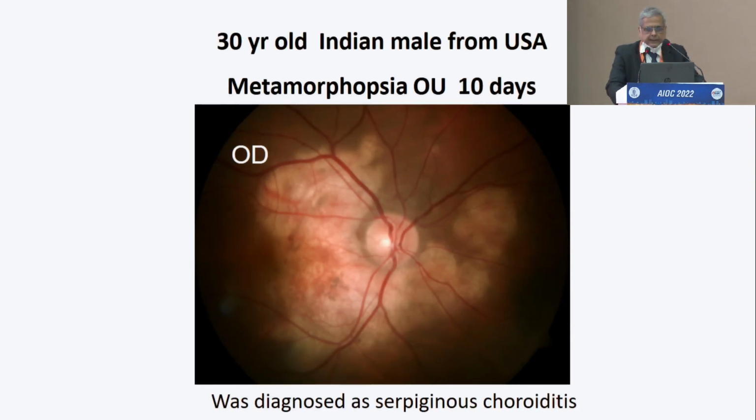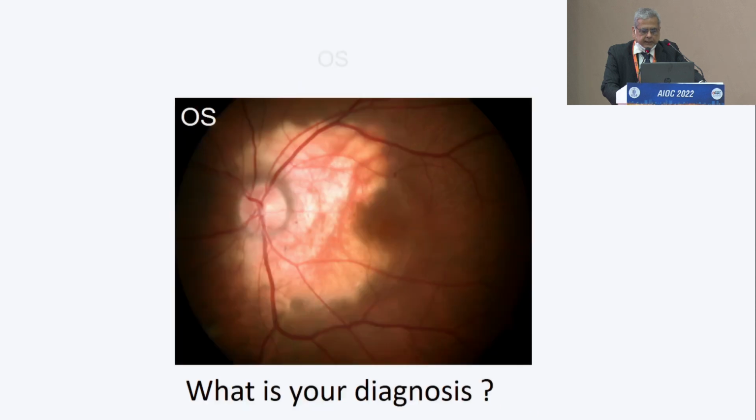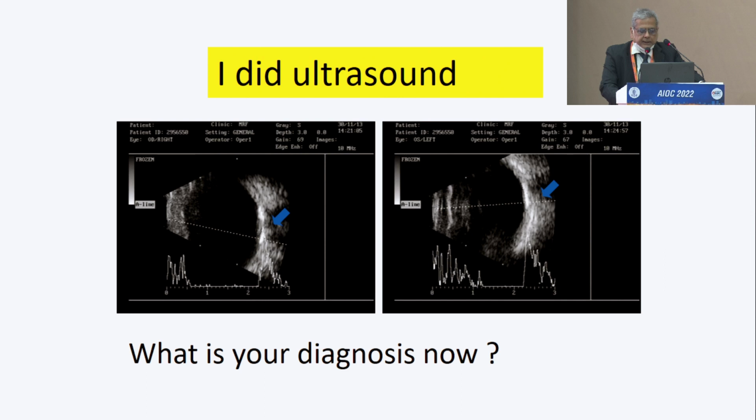Case 4 is a 30-year-old Indian male, diagnosed in the USA as serpiginous choroiditis, with metamorphopsia in both eyes. He had a choroidal lesion with a geographic border, but it didn't look like the typical yellowish-white color. It was a little pinkish, which made me suspect we were dealing with something different.